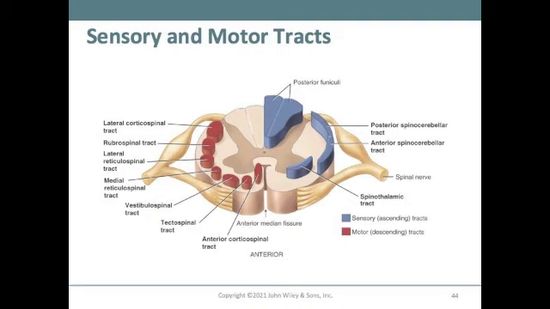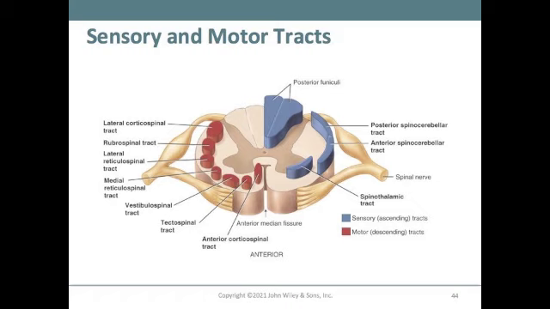We've got a nice cartoon here on page 480, figure 13.12. We have a couple different things going on here. We have these sensory parts of the spinal cord here in blue, and then the motor parts of the spinal cord here in red. The motor is mostly going to affect the skeletal muscle, because you're going to get some sort of stimulus and your skeletal muscle is going to react.